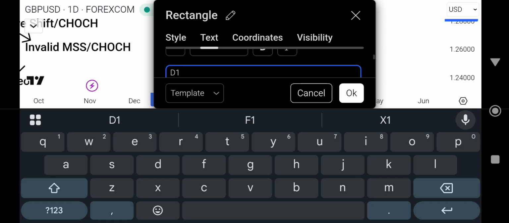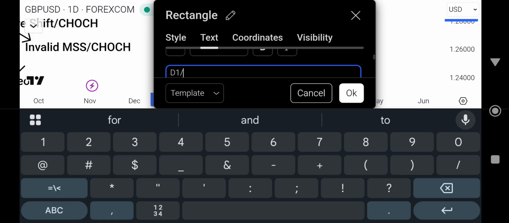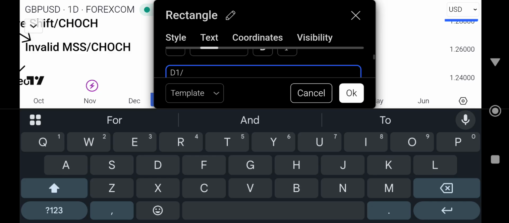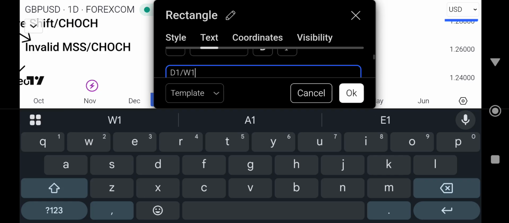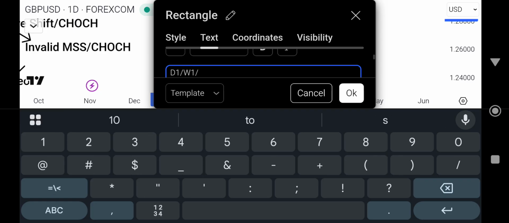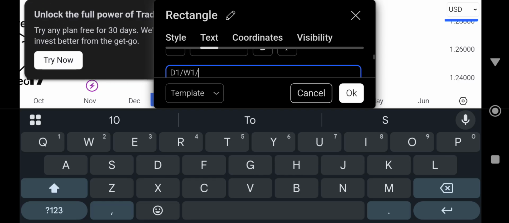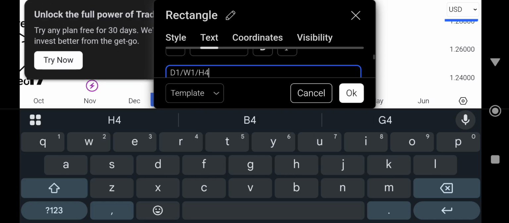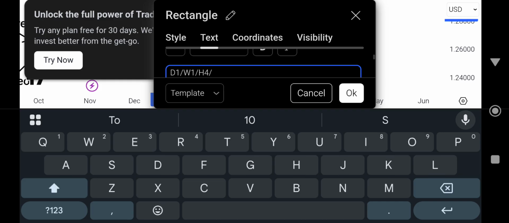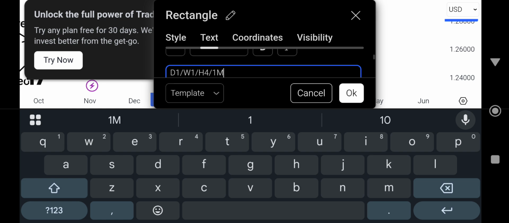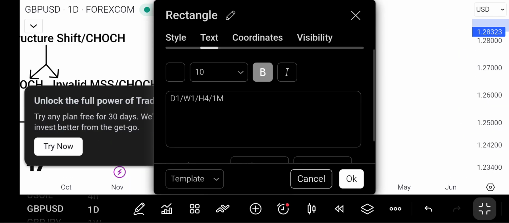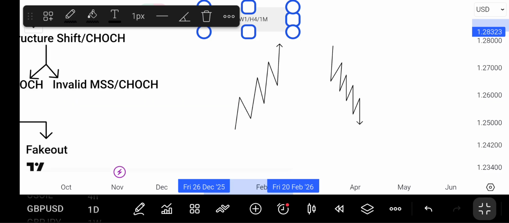D1, W1, H4, or even monthly, 1 month. Same thing with this.